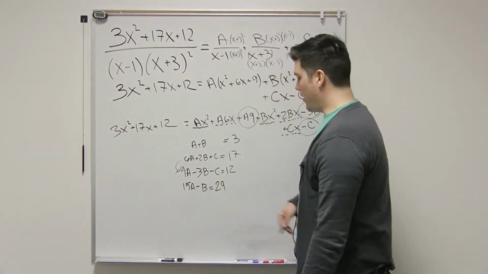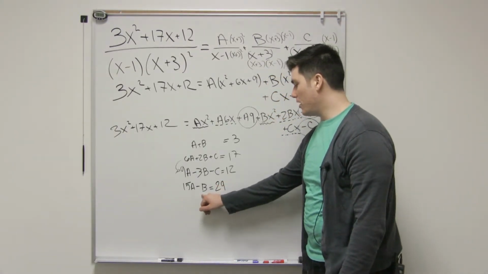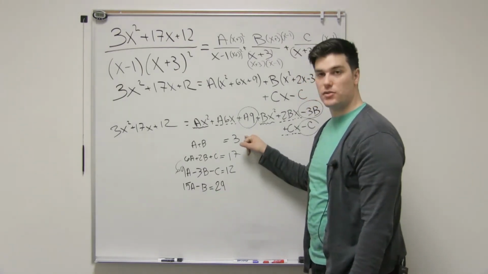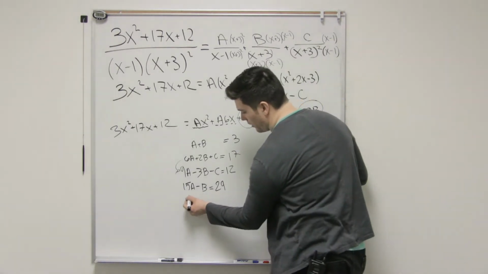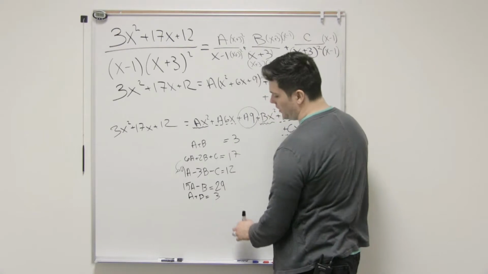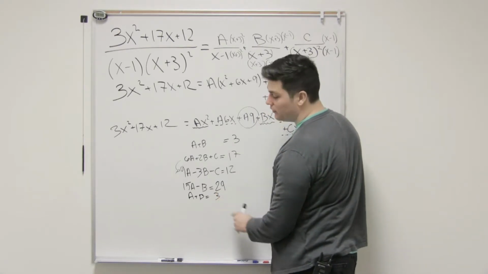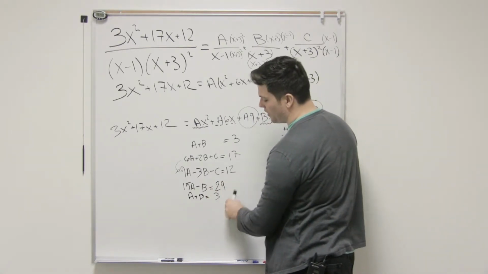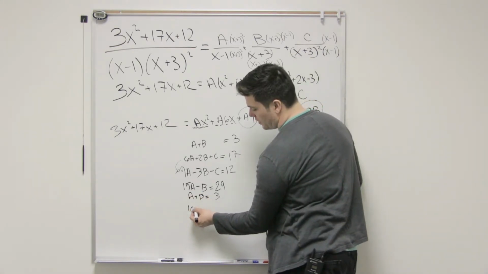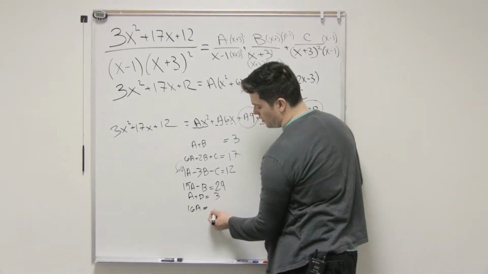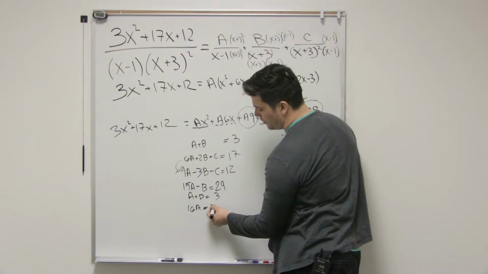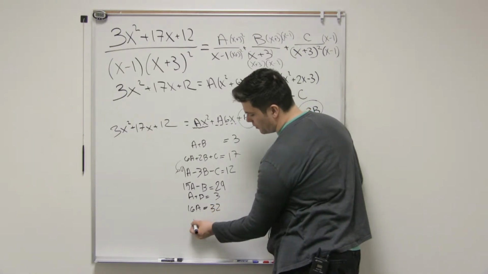Now we have 15a minus b equals 29. We can combine that with a plus b equals 3. So I'll go ahead and write a plus b equals 3 right there. We lucked out again. We've got a positive b and a negative b. If we add these together, b is gone. So we've got 16a is equal to, the b's are gone, 29 plus 3 is 32.